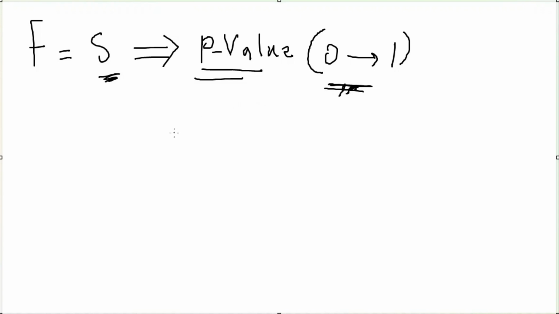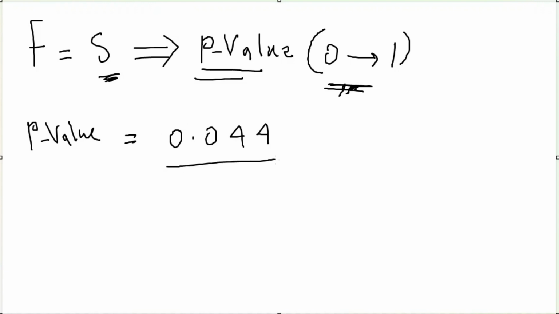After the conversion, let's say that the conversion resulted in a p-value of 0.044. We want this p-value to be small, very small, close to 0. Let's say that we want it to be less than 0.05.